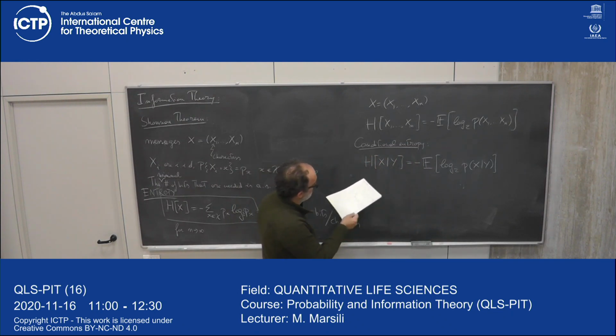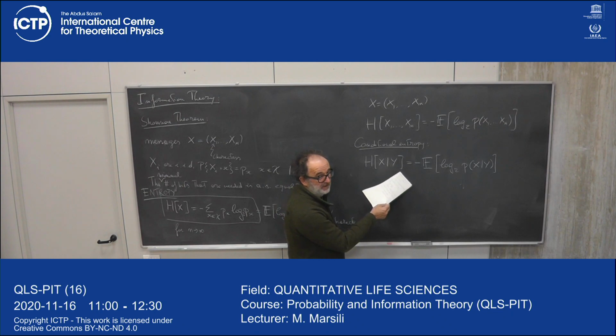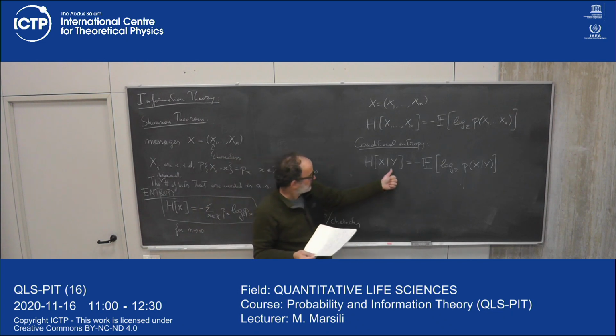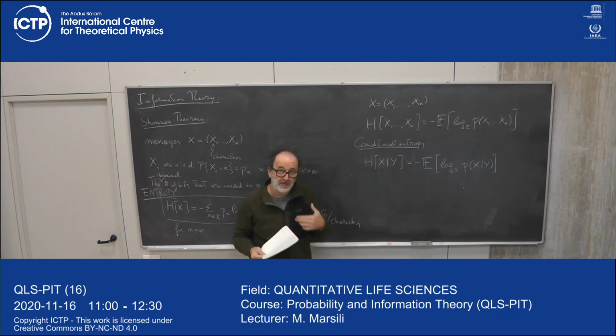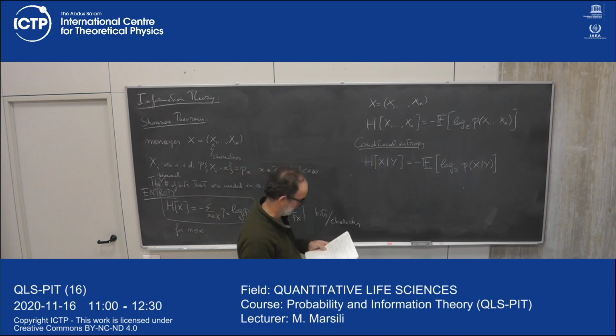This is telling you how much you would learn about x if you knew y. If x and y are dependent random variables, then knowing y changes your state of knowledge about x, and the conditional entropy tells you by how many bits your state of knowledge would change.